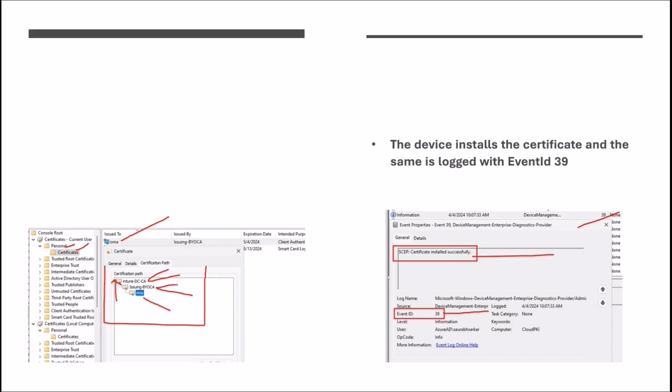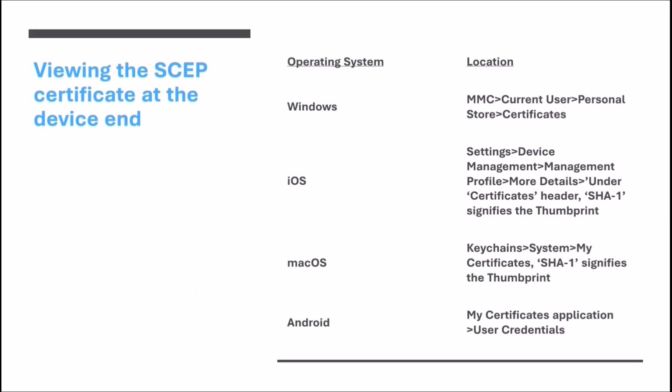So again, don't get confused. Just wanted to let you know what this hierarchy is all about. But the bottom line is that this user has got a certificate which is issued by an issuing CA present in the cloud, and we have tracked the entire log from starting to finishing.